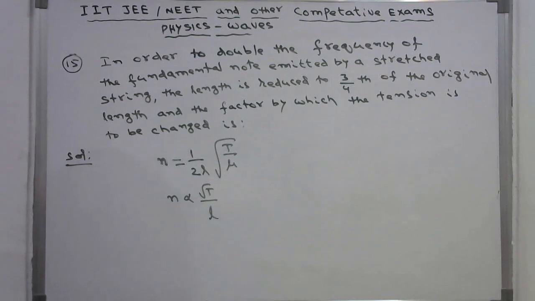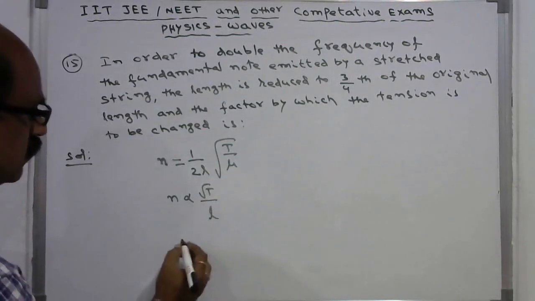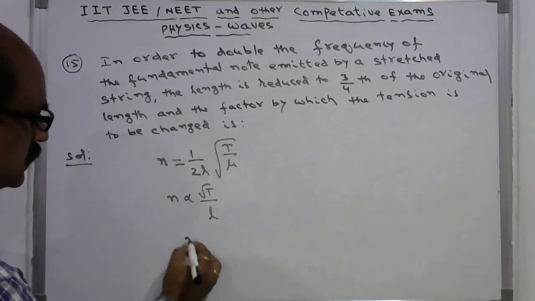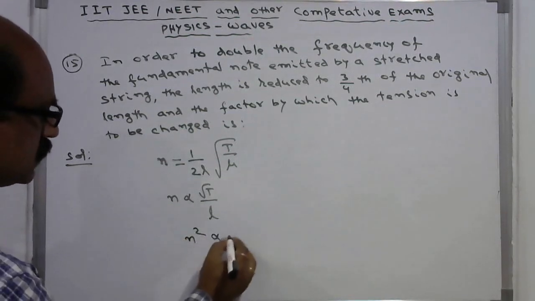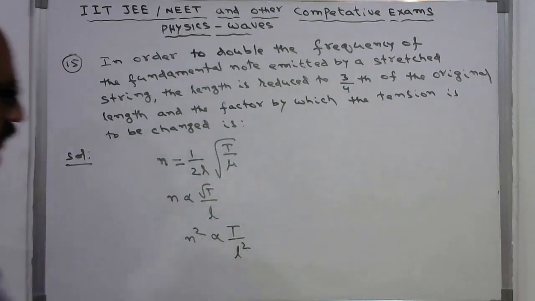So now we can write down, squaring both sides, n square is proportional to T by L square.